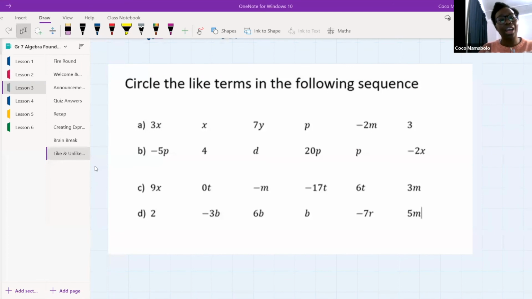Okay. Amahle, can you unmute for me and tell me in this first line in A, which terms are like terms? X. Okay, X, good. There's X. And what else? 3. This one over here.